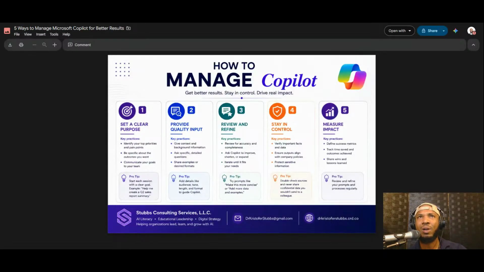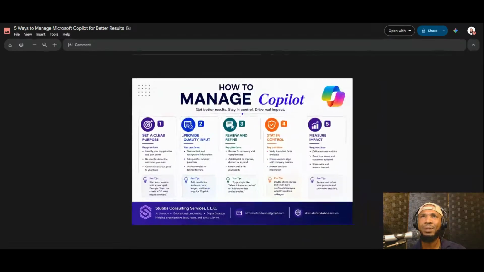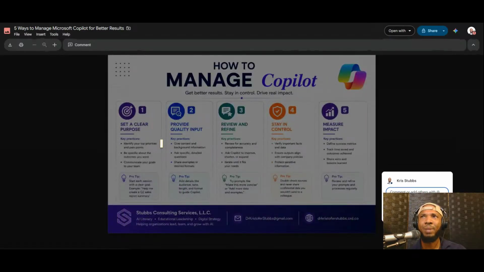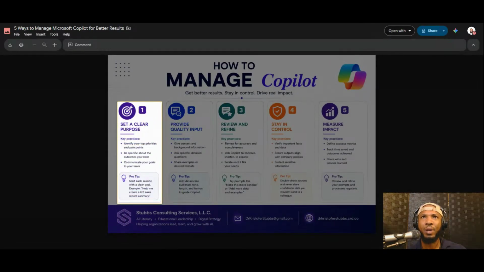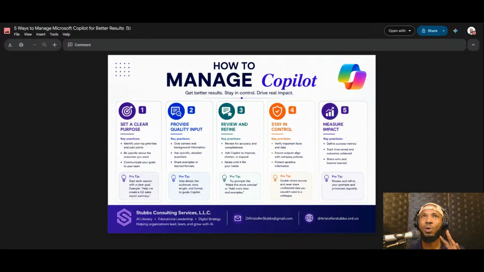All right. So let's start here with number one. What you see here on number one is setting a clear purpose. As we focus here, it talks about identifying your top priorities and pain points, and being specific about the outcomes you want. This is really basic prompt engineering 101, right?